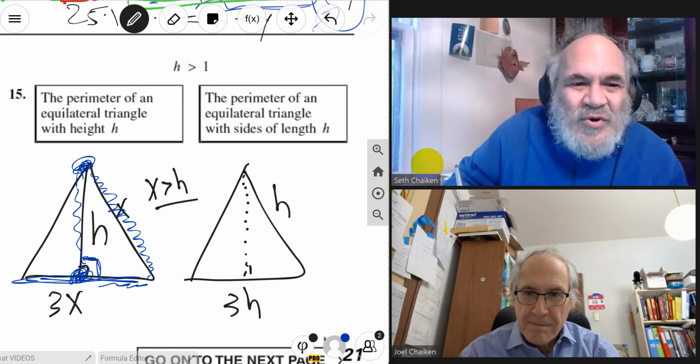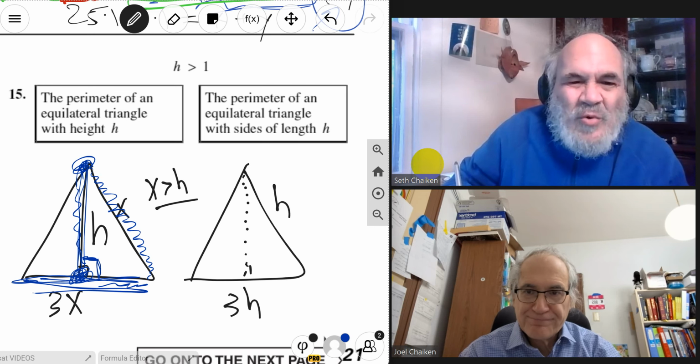The shortest distance between two points is a straight line, and the shortest distance from the tippy top to the whole line is the perpendicular. X is therefore a longer distance from the tippy top to somewhere else on the line.